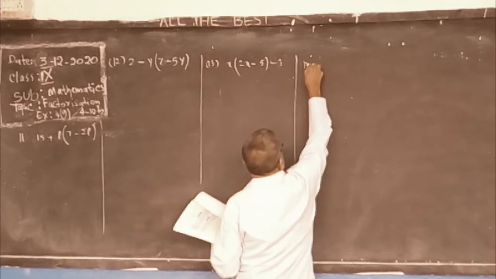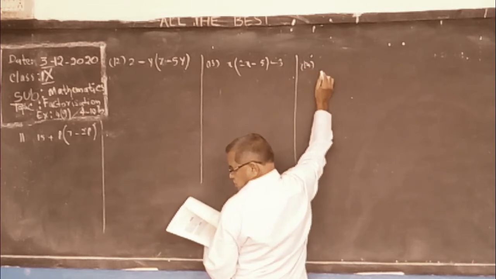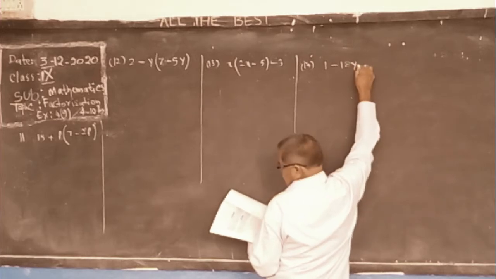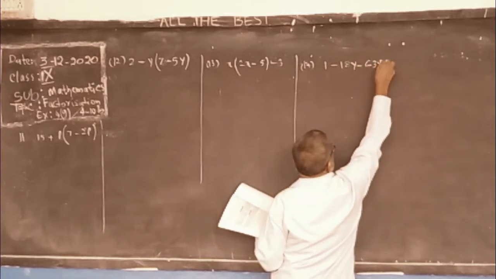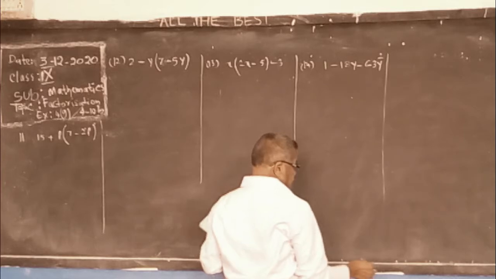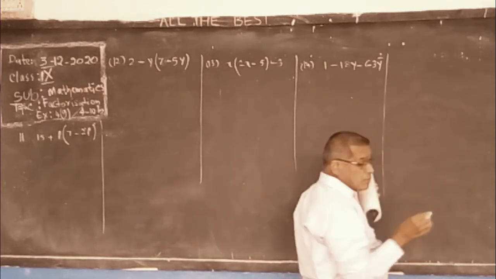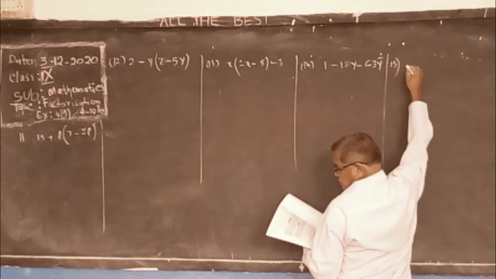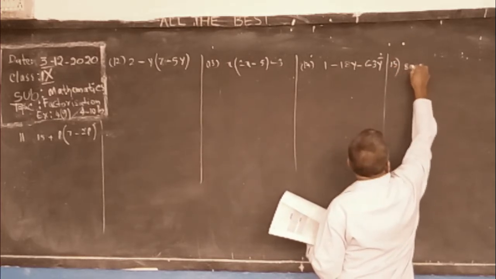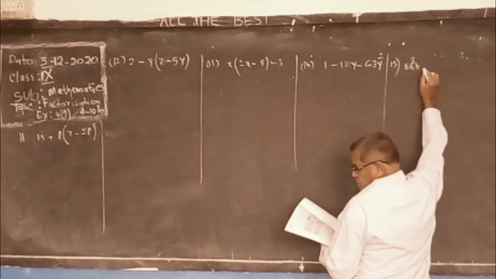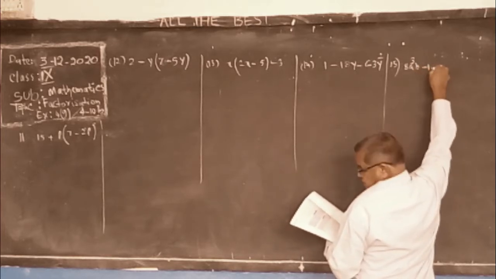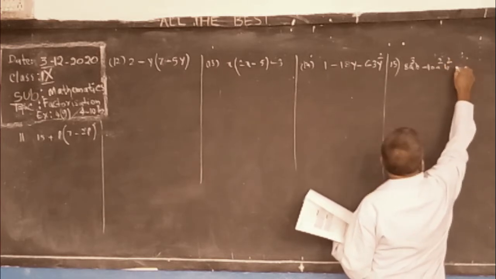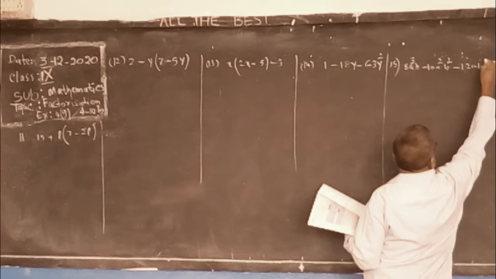And 14th: 1 minus 18y minus 63y squared. 15th: 18b squared minus 10a squared b squared minus 12ab cubed.